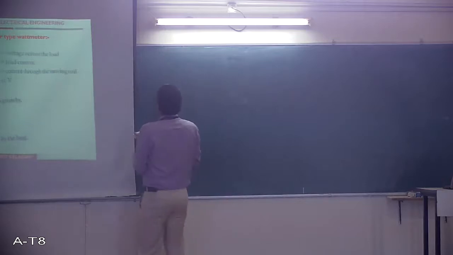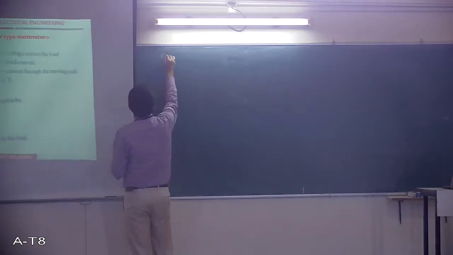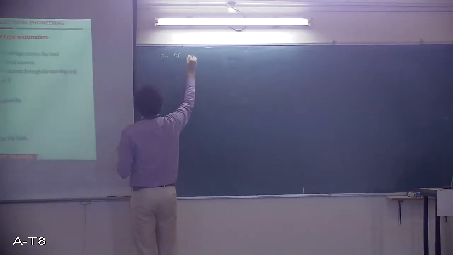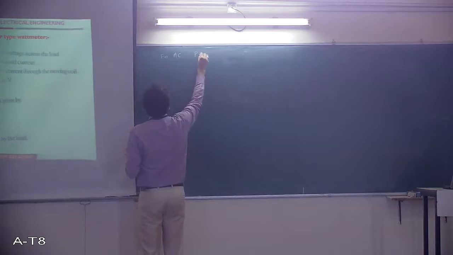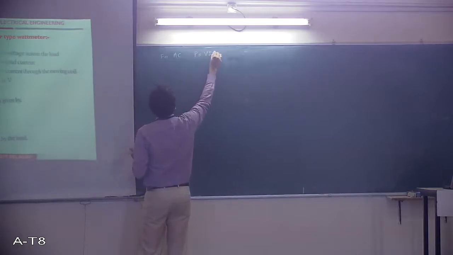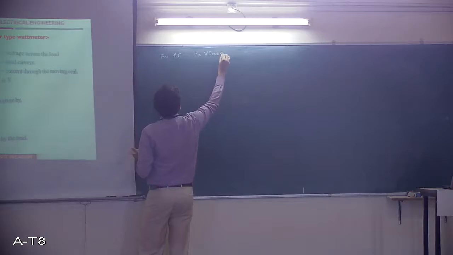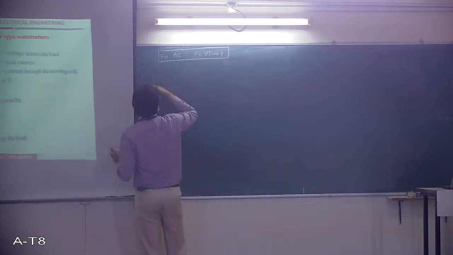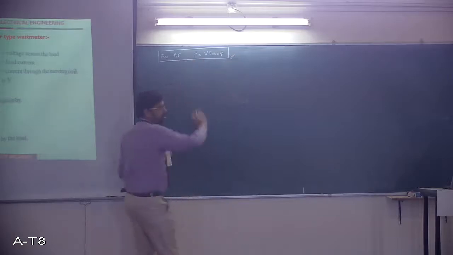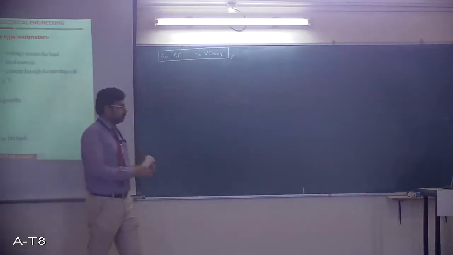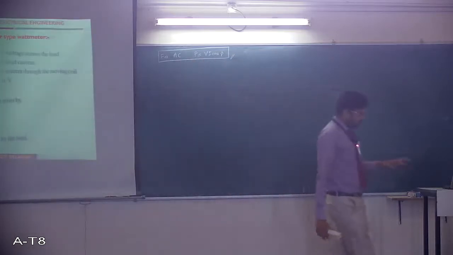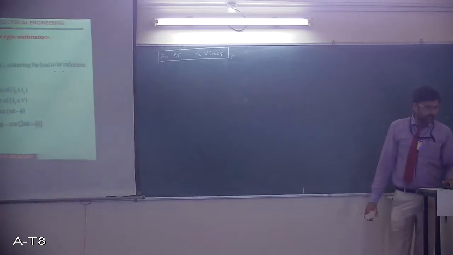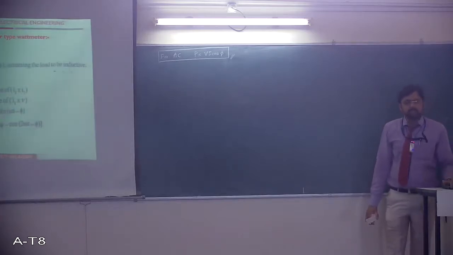So for AC measurement, please remember that P is equal to VI cos phi. Okay, so somehow we'll keep this aside, but keep this in mind. Keeping this in mind, let us try to understand how the same instrument can successfully measure the power.